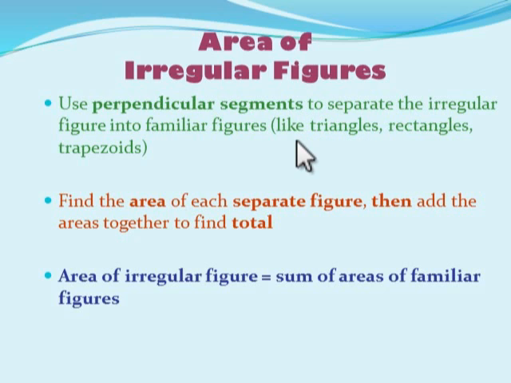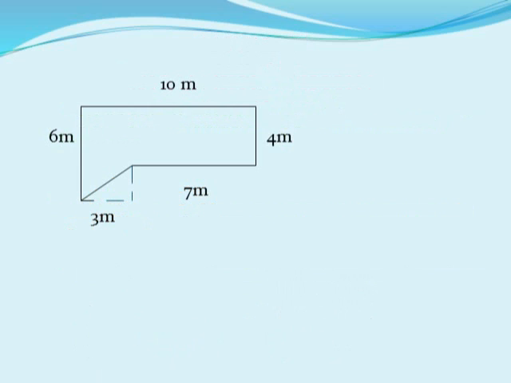We're going to look at one in just a moment. You're going to find the area of each of these separate figures and then add them all together. So the area of an irregular figure, the formula is the sum of the areas of the familiar figures that you see.